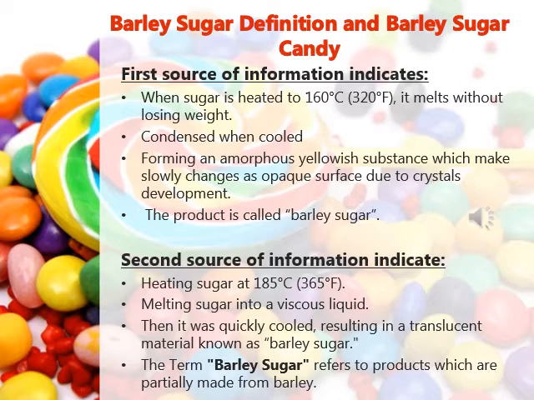Second source of information indicates heating sugar at 185 Celsius, 365 Fahrenheit, melts sugar into a viscous liquid, which is then quickly cooled, resulting in a translucent material known as barley sugar. The term barley sugar refers to products which are partially made from barley.